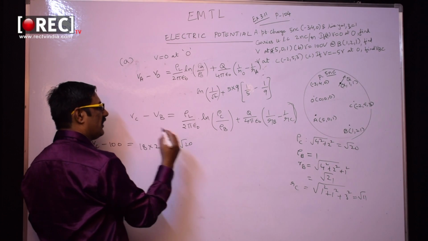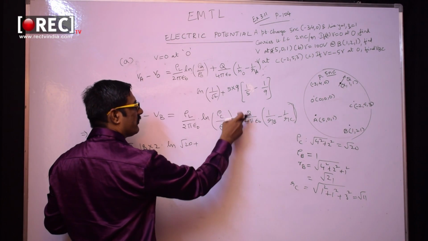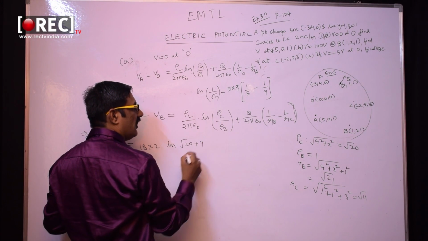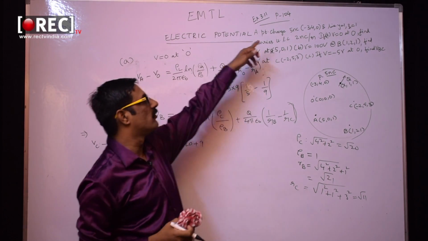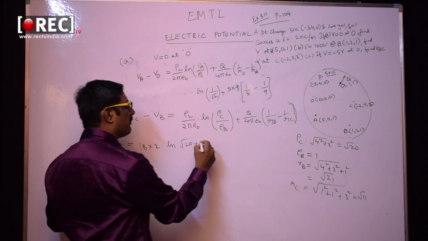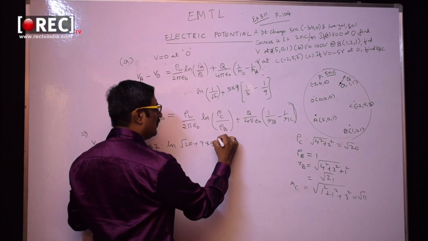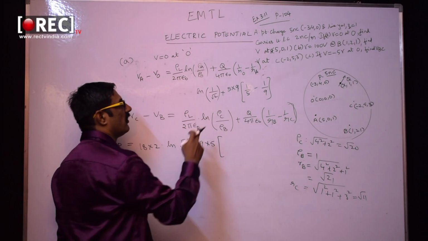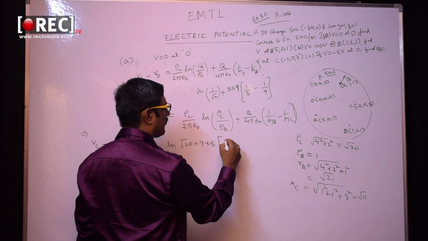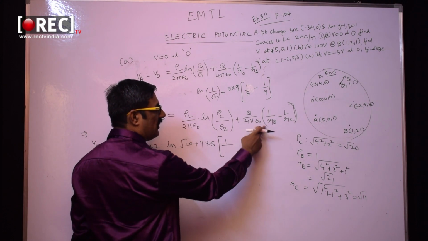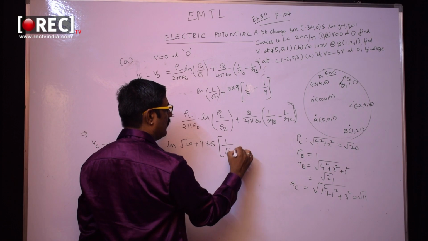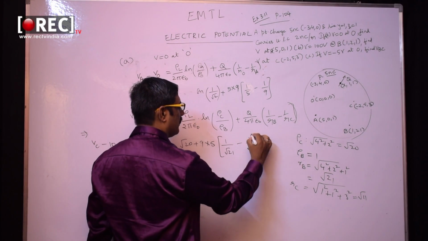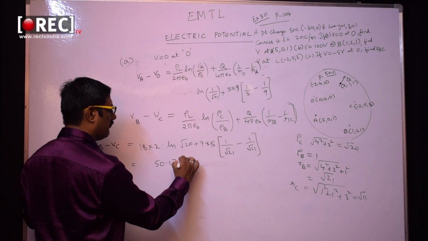So ln root 20 plus, 1 by 4 pi epsilon naught is 9, into Q, which is given in nano, so I need not write the 10 powers. Simply I write 5 into 9 into the distance term, 1 by RB, which is root 21, minus 1 by root 11, and the result is 50.175 volts.